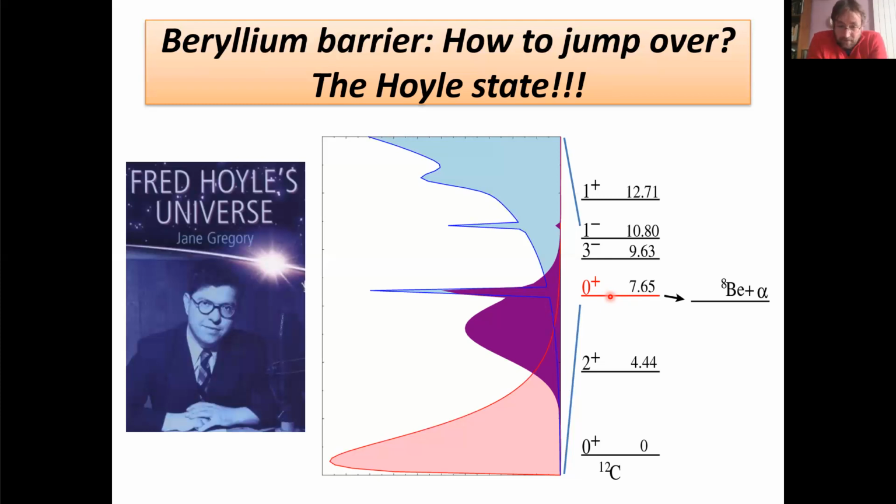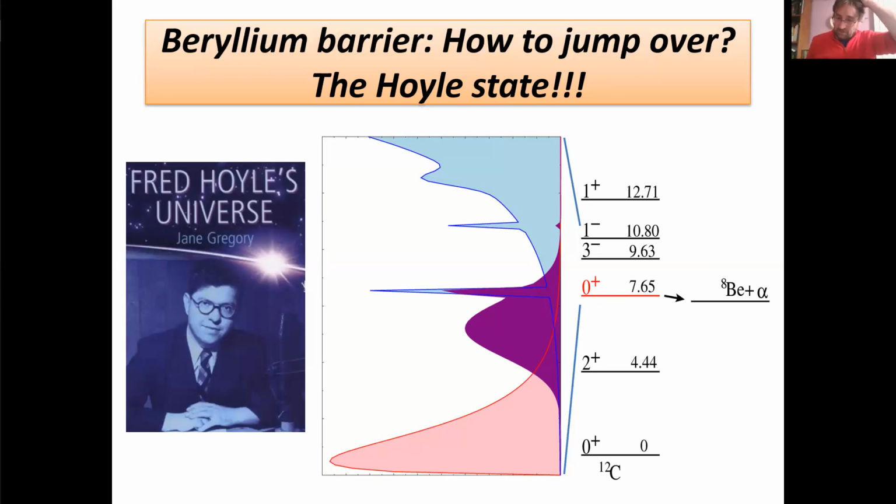And to our shame, up to about 2010, we didn't really know much about the structure of this Hoyle state. Now we know it's a quantum mechanical superposition, a linear combination of two states. One of these states is a linear chain of these 3 alpha particles, and one is 2 alpha particles and one in the center.